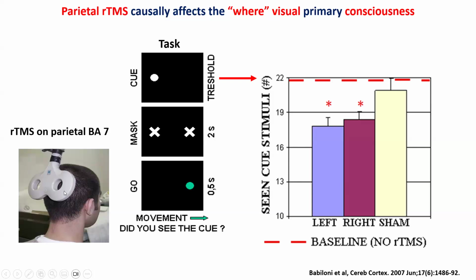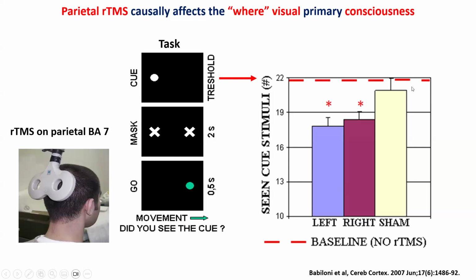And the hypothesis was that the parietal Brodmann area 7, generating a high alpha rhythm in the seen cue stimulus trials, could be affected by transcranial magnetic stimulation and could produce a reduction in the number of cue stimuli perceived consciously.